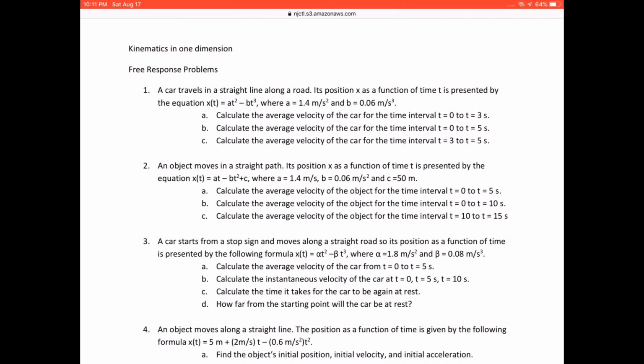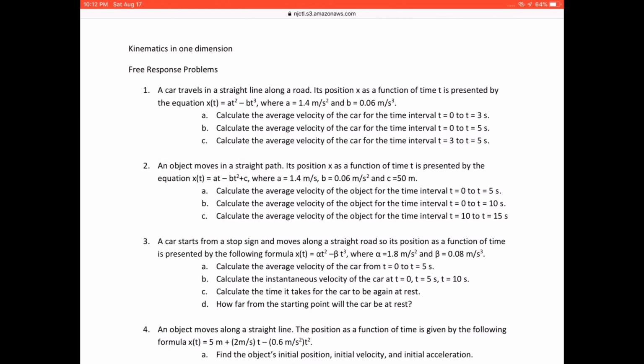Kinematics in one dimension. Free response problems. For problem number 1, a car travels in a straight line along a road. Its position x as a function of time t is represented by the equation x of t is equal to at squared minus bt cubed, where a is 1.4 meters per second squared and b is 0.06 meters per second cubed.